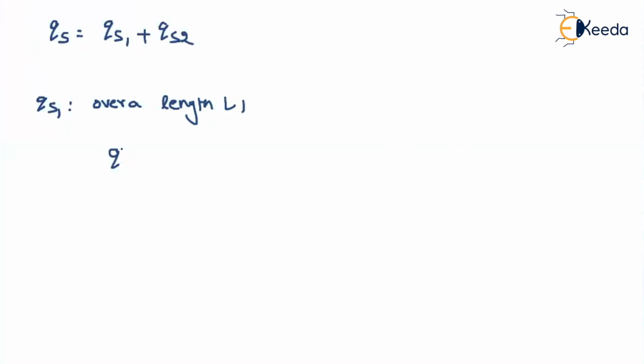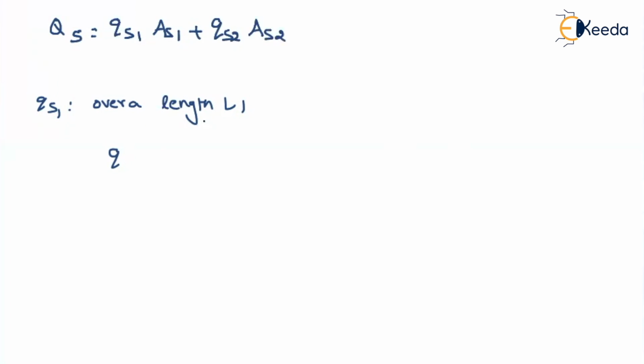So total QS, I can say, is QS1 plus QS2, where QS1 is the frictional resistance over length L1. So capital QS will be equal to qs1 into AS1 plus qs2 into AS2.